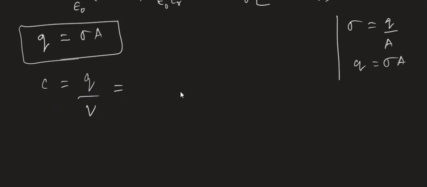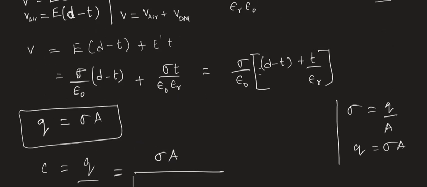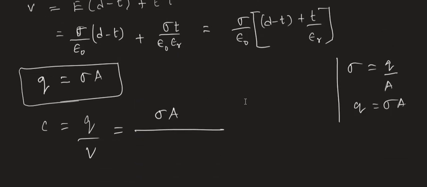So that is equal to, now Q is equal to sigma A whole divided by what we have found out here as the total potential, that is sigma divided by epsilon naught. So you have to substitute this equation. So sigma divided by epsilon naught into d minus t, close the bracket, then plus t divided by epsilon r.